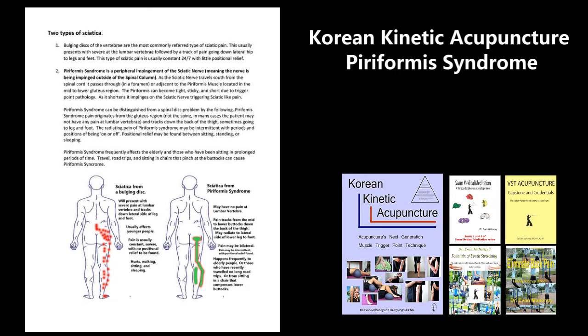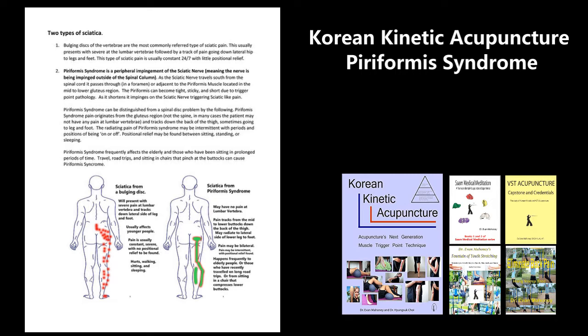The piriformis can become tight, sticky, and short due to trigger point pathology. I liken it to a piece of saltwater taffy, where the piriformis can become very thin and sticky, and it's a stubborn one. It can just linger on if you don't know how to stretch it out, which we're going to teach. As it shortens, it impinges on the sciatic nerve, triggering the sciatic-like pain.